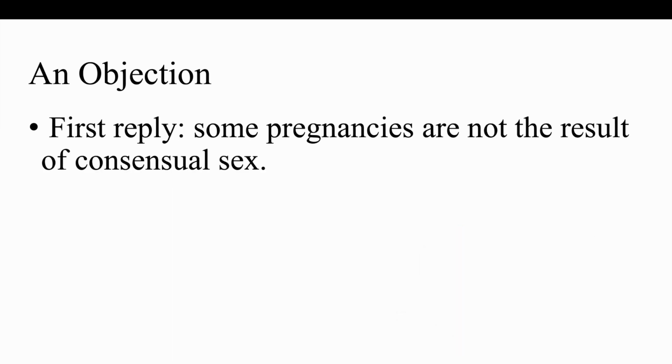Now, there are a few, I think, decent replies here. Thompson focuses on the second one, although she makes this first point as well. The first thing to note is that, of course, some pregnancies are not the result of consensual sex. Baked into the description there was that the pregnant person had consented to sex.